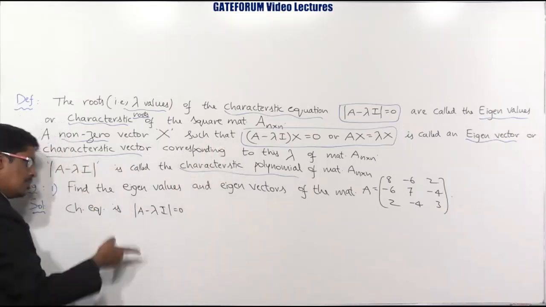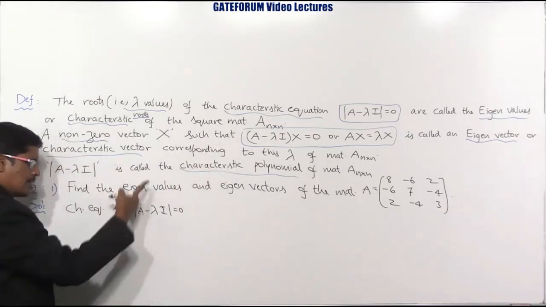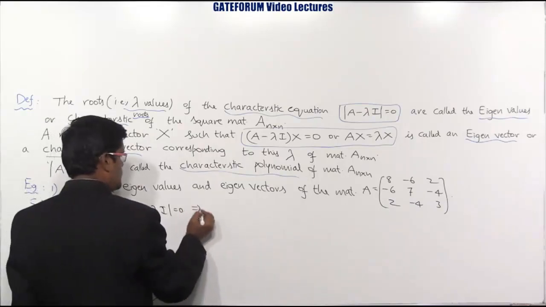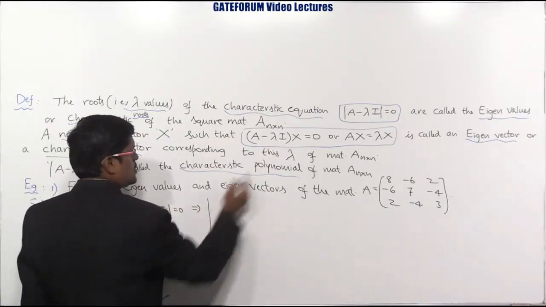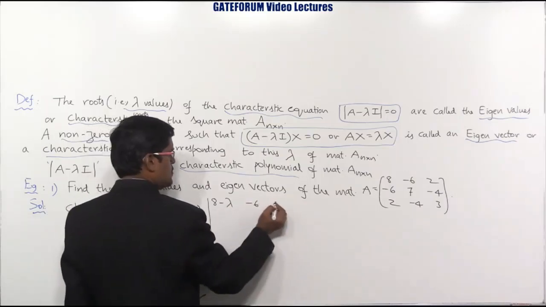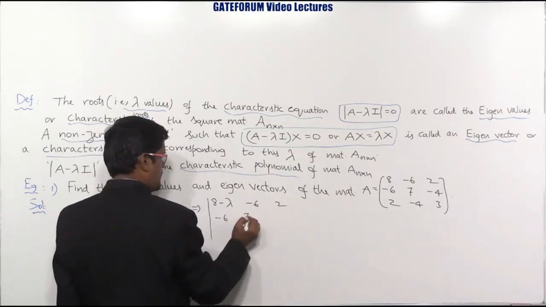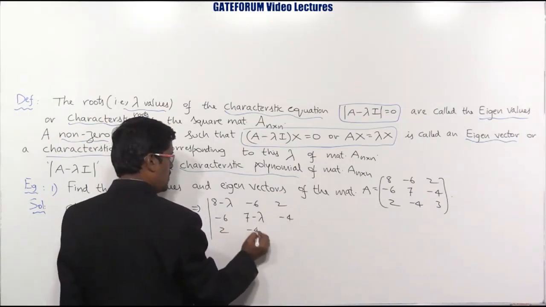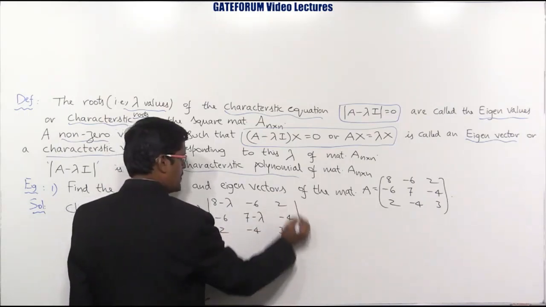Next step onwards I will start directly with the determinant, subtracting lambda from the diagonal elements. So this is: 8 minus lambda, minus 6, 2; minus 6, 7 minus lambda, minus 4; 2, minus 4, 3 minus lambda, equal to 0.